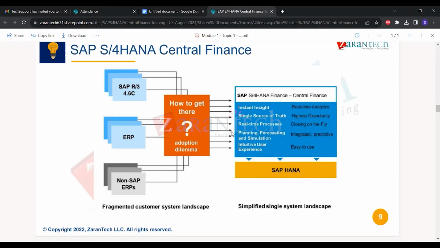And yes, you can drill down the data. Let's say you have a document which is posted from the source system to the central finance system. From that you can get to know what the document was which came from your source or sender system. If there is any mismatch in the balances, it will be very easy to get the root cause of why the difference came. Or you can even drill down from multiple reports to the sender documents.